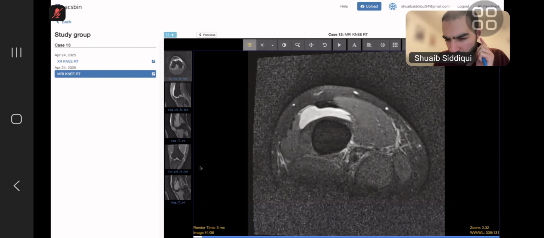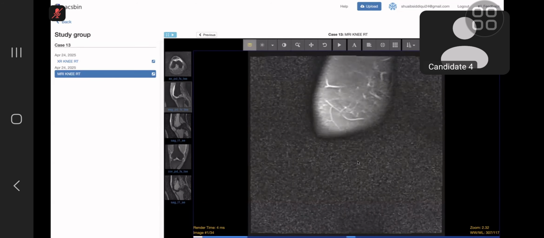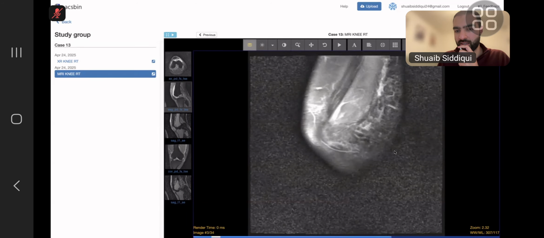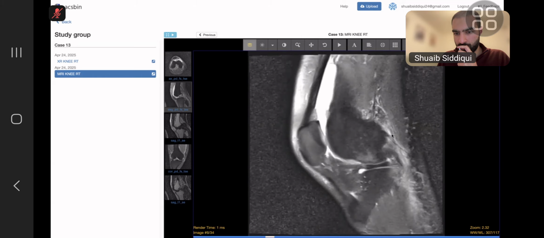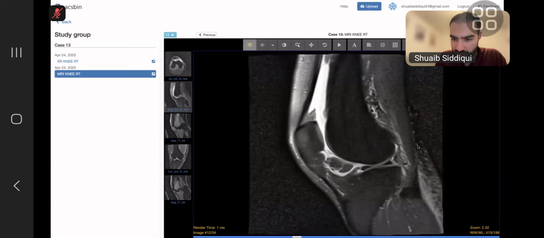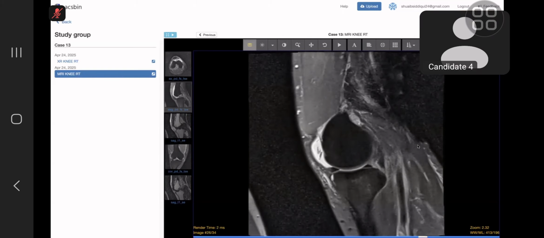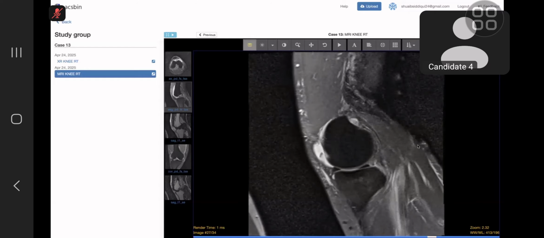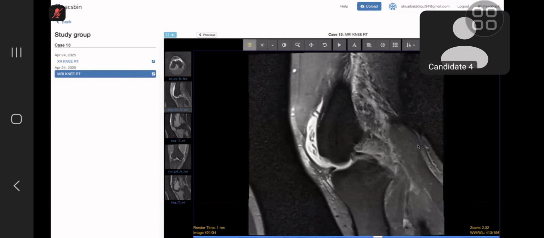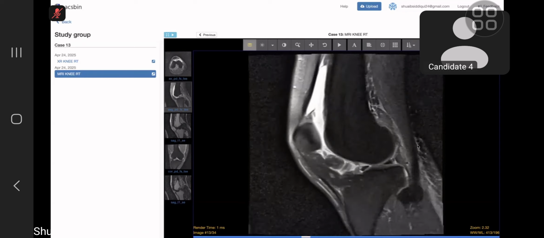Which one, the sagittal sequence or oblique? Okay, so we've got a sagittal PD fat sat here. Sorry, the windowing is just a bit weird, but please continue. This is a sagittal PD fat sat image.